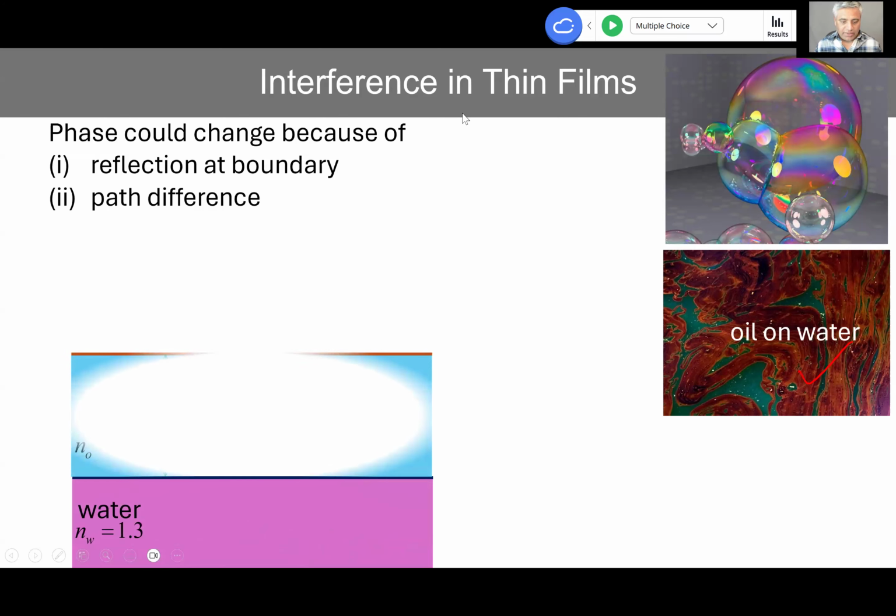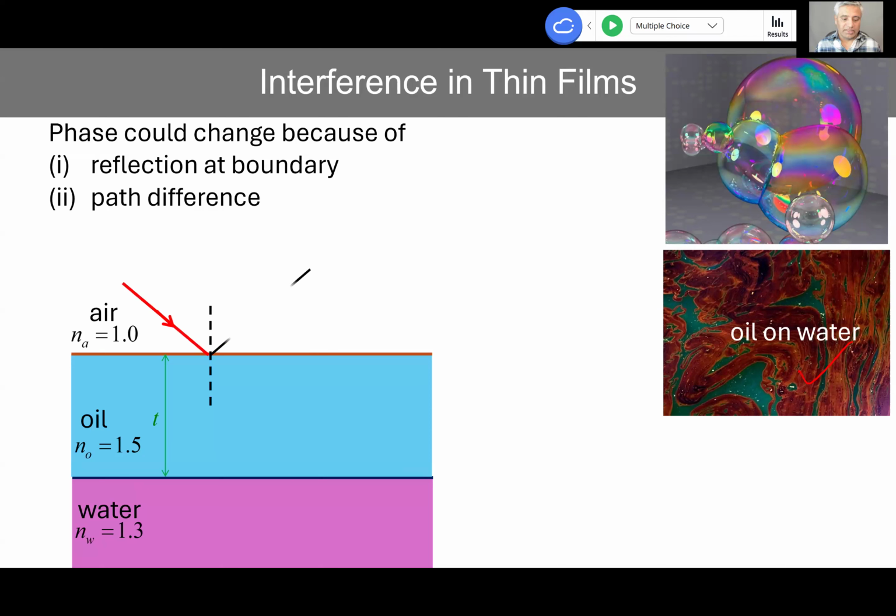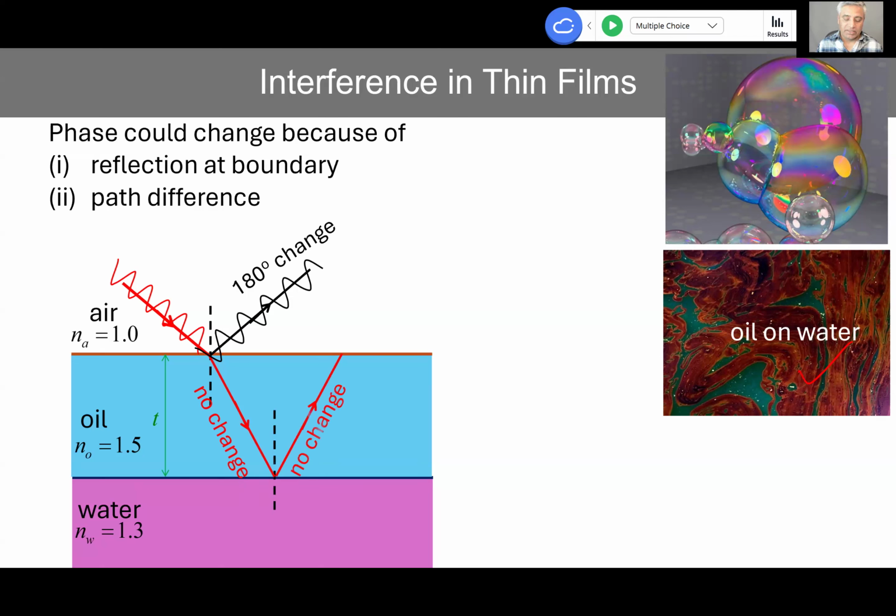So this is just like we had before. We have water, oil, and there is air, and the light is coming something like that, and it gets reflected. Okay. And there is a 180-degree phase change. So this is just a summary of what we just talked about. There is no change in the transmission, and there is no change in the reflection because it is reflecting from a low refractive index boundary.